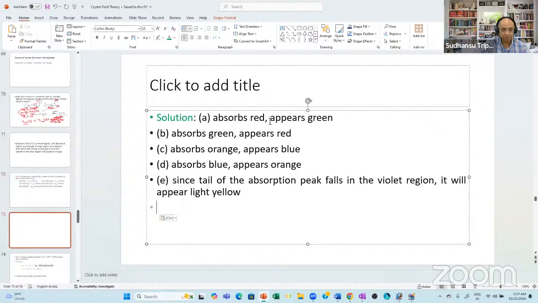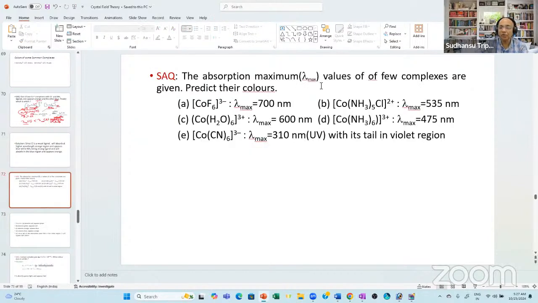You do it. Supposing the absorption maxima of a few complexes are given. These are normal complexes where CTS will not come. Of course, CTS will come in pi acceptor ligands like cyanide, but it is clearly given. It doesn't matter whether it is CTS or DD.